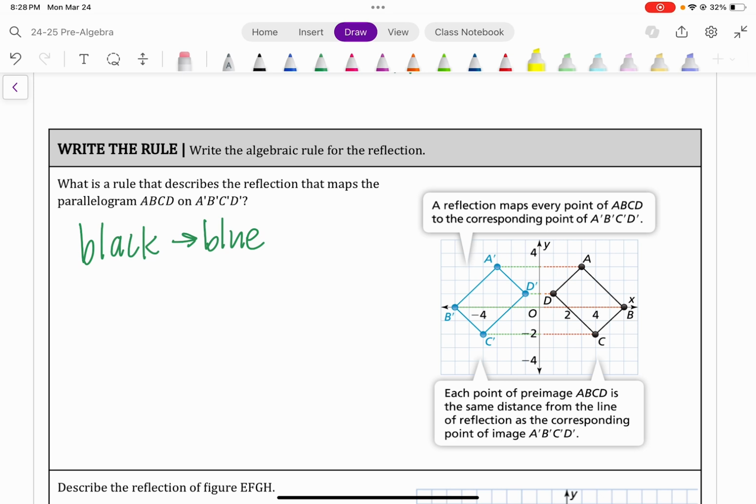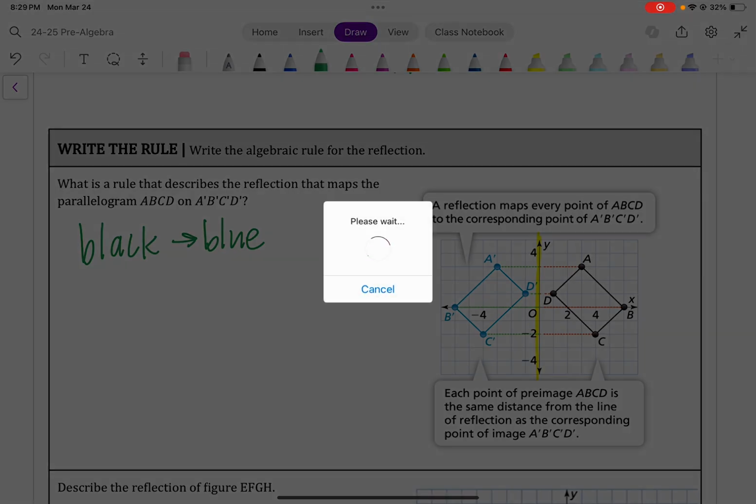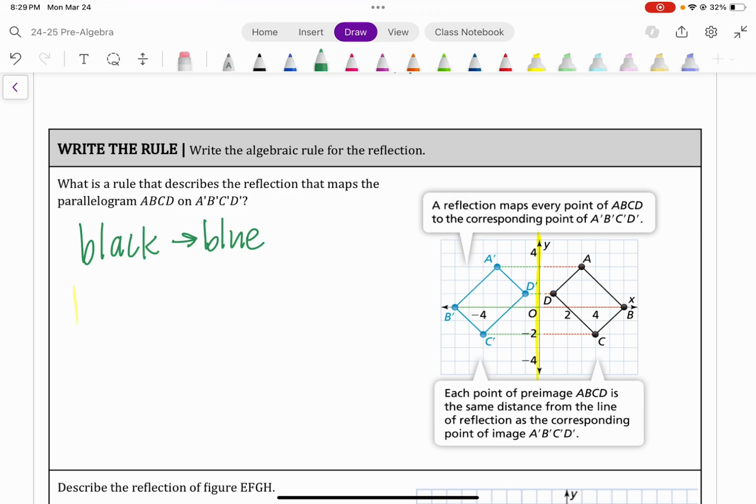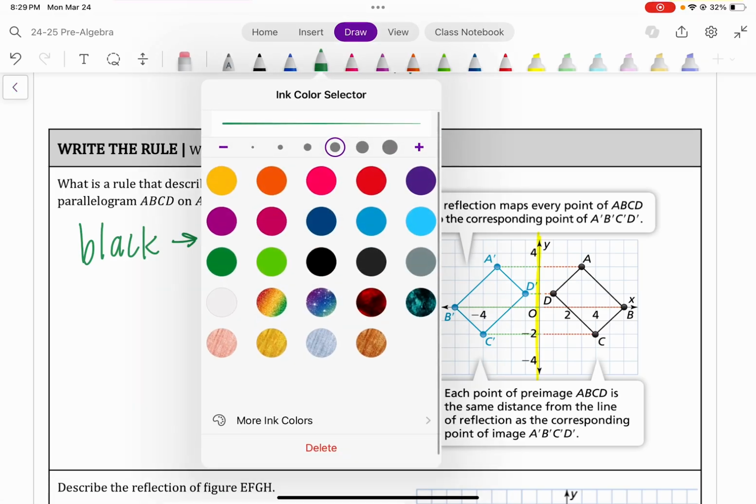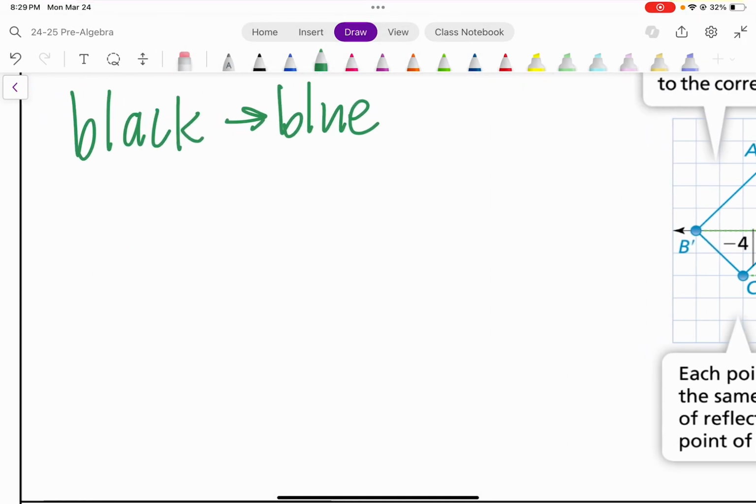I'm going to draw the line of reflection. That helps me see what I'm doing here. And I can tell that because D and D prime are each 1 unit away from that y-axis. So the rule is to reflect over the y-axis.